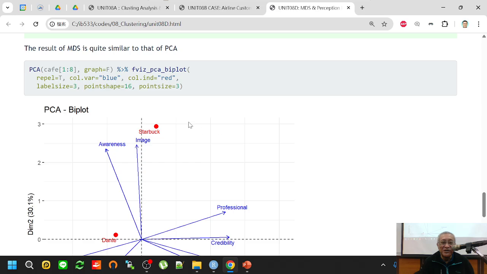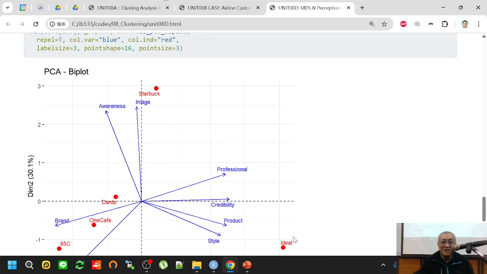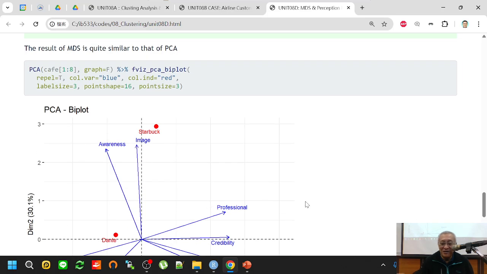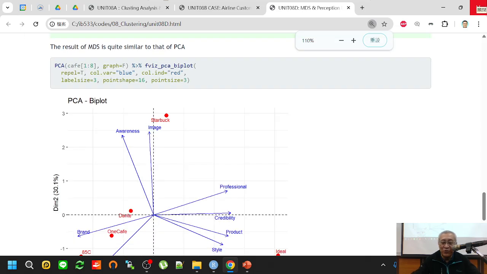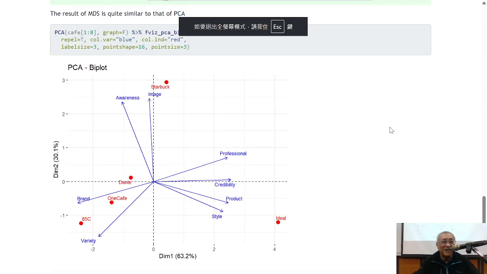So I simply told you how to do it in PCA. Dimension reduction is actually very easy when you do it in R, okay?